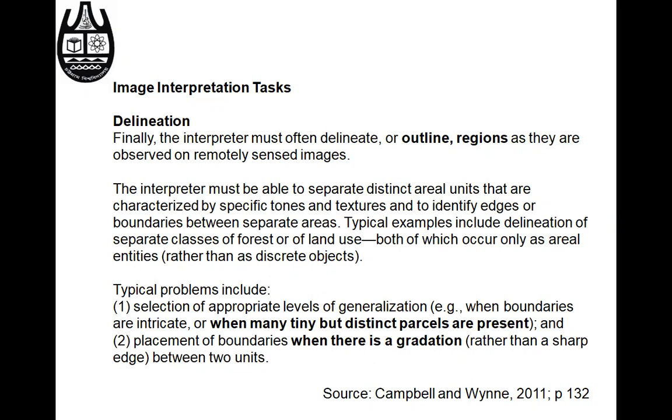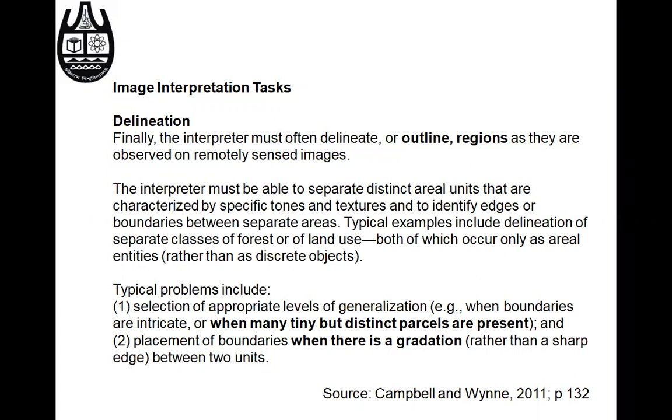And to do so, sometimes it is very difficult to delineate certain areas, because the boundaries we wanted to make an outline, sometimes it is very difficult to do that, because a smaller area may be very difficult to distinguish in your total image.